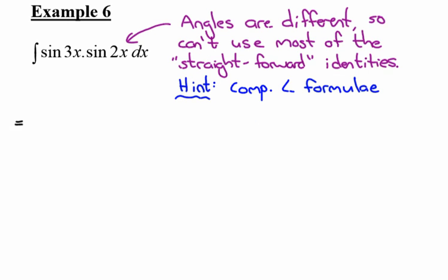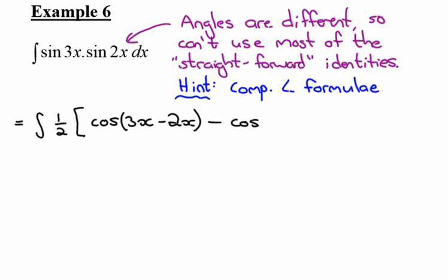Right, so according to that, I'm now finding the integral, and it says I've got a half, open brackets, cos of the first angle minus the second angle, minus cos of the first angle plus the second angle, with respect to x. So that's what that identity says.